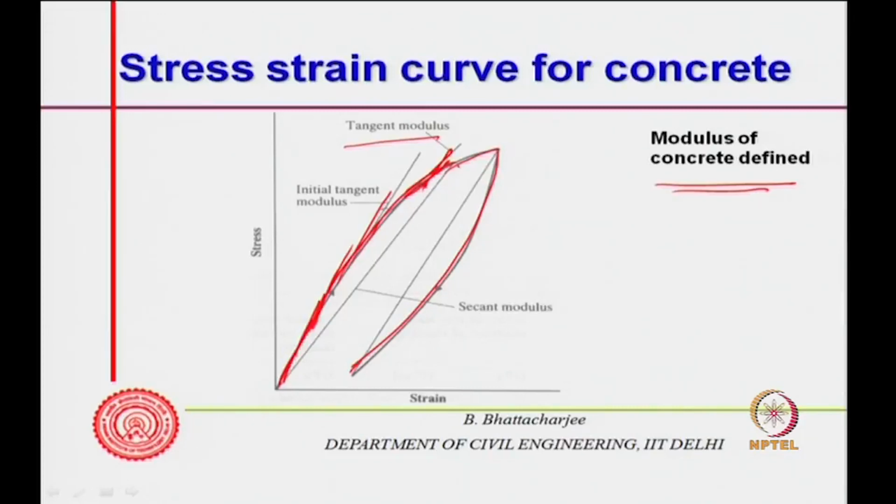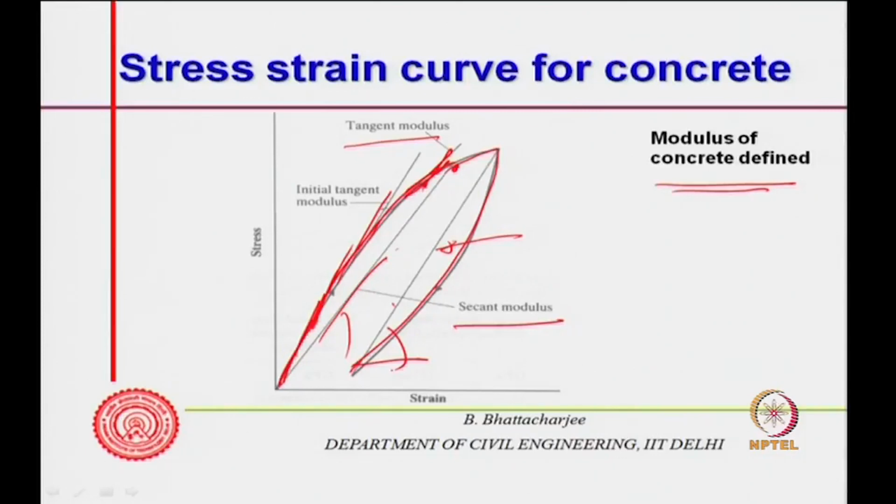But I can also join the origin with this point and I get another modulus, the slope of this line, and that we call the secant modulus. And while returning, I can also calculate the same secant modulus from this point, the slope of this line.